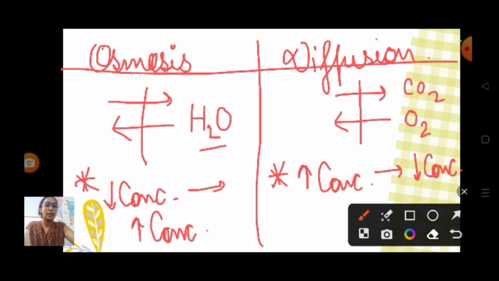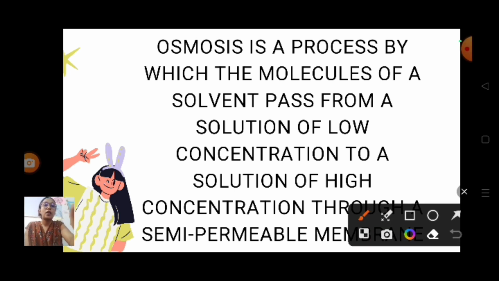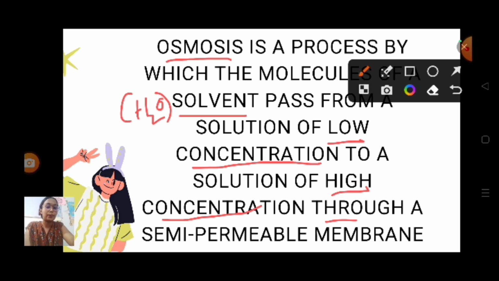Okay, so moving on to the next slide. Now this is the definition of osmosis which you have to know. Osmosis is a process by which the molecules of a solvent, that is water molecules, pass from a solution of lower concentration to a solution of higher concentration through a semi-permeable membrane.